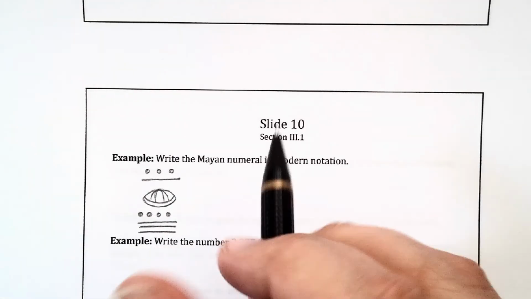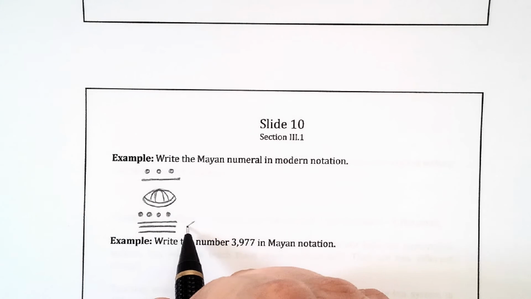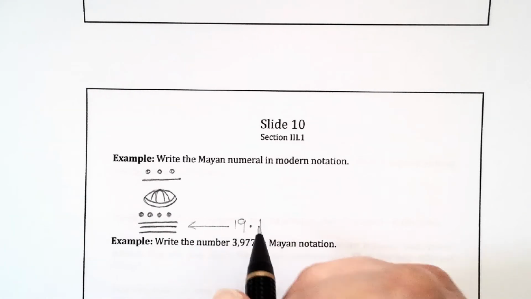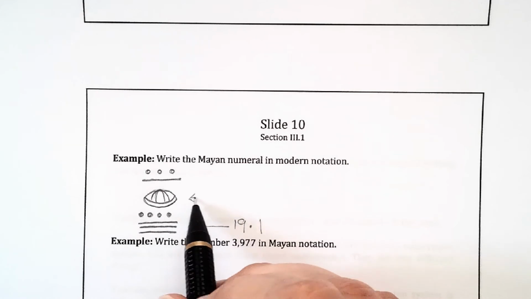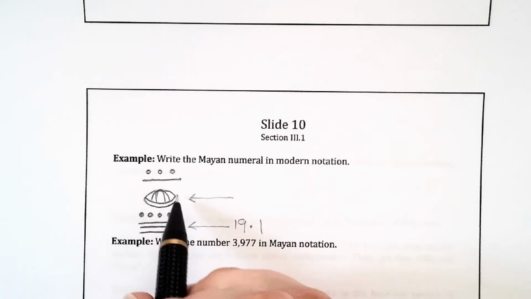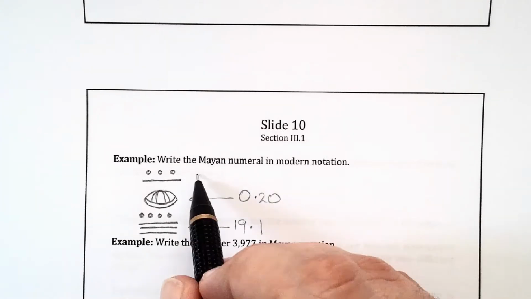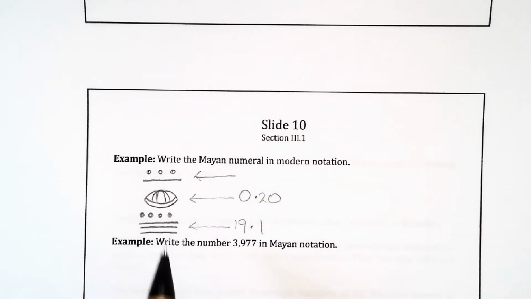All right, so at the top, well, we'll start at the bottom. Okay, this is the ones place. That's 19, so 19 ones. And then we've got the 20s place, but there's a 0 in there, so it's 0 20s. And then at the top, that's an 8.